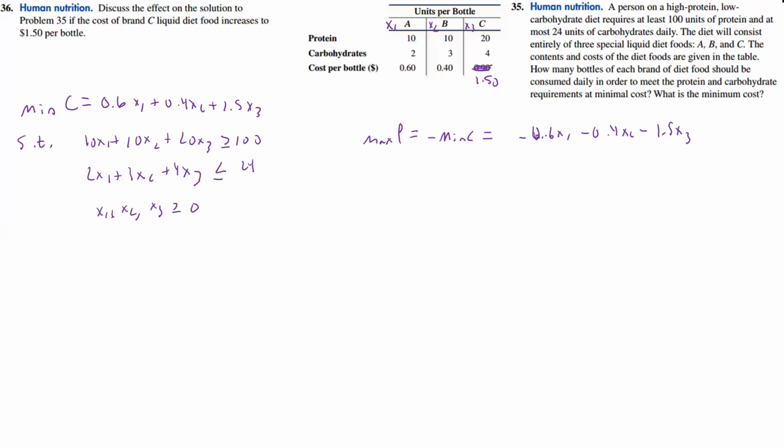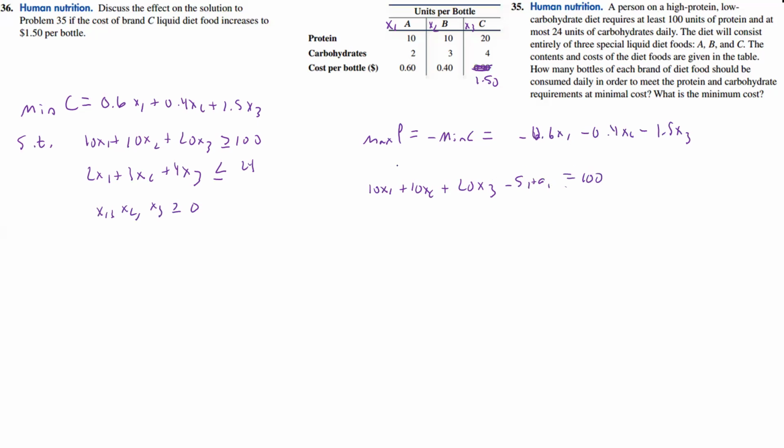And so what we need to do then is rewrite this, and then we need to get these to be equalities. So we're going to have now 10x1 plus 10x2 plus 20x3. This one's greater than, so now what we have to do is subtract off the surplus, add the artificial, and that's going to be equal to 100.